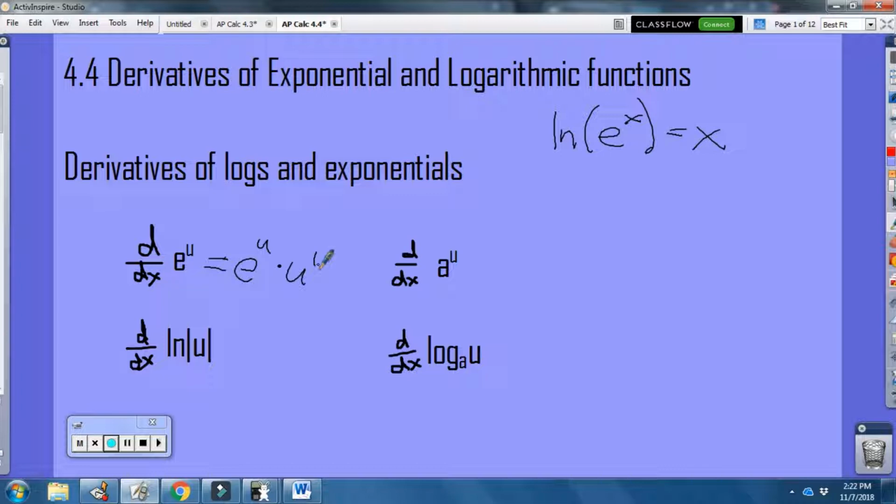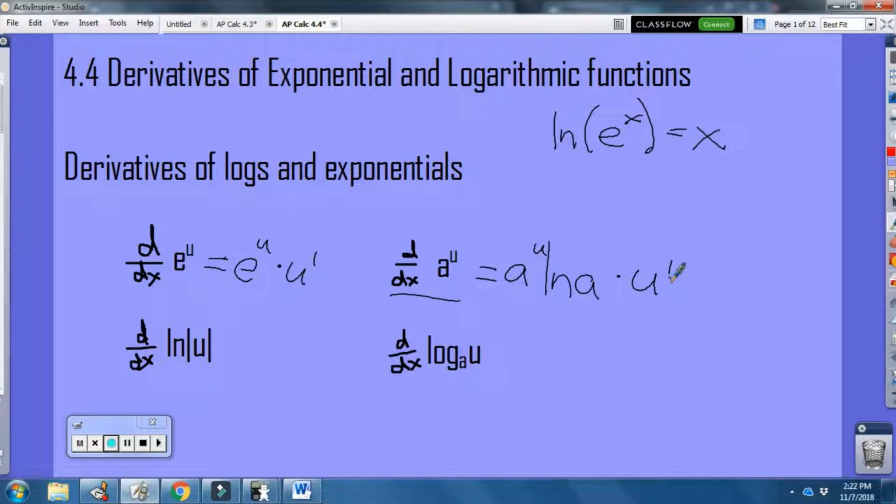If I pick any other number, this formula here is for any other number, a to the u, if it's 2 to the x or 3 to the x or whatever to the x, it's going to be a different formula. The derivative of that is a to the u times natural log of a times u prime.